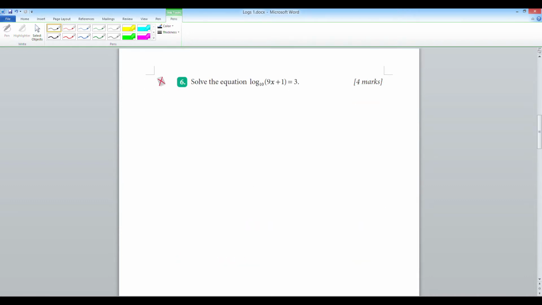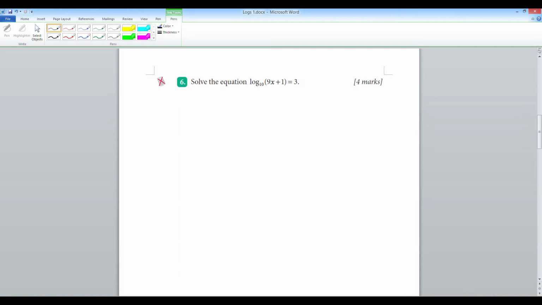The first one is: solve the equation log base 10 of 9x plus 1 is equal to 3. From our basic log laws, of course you can memorize the log laws, but there are different ways to think about it. For me, the easiest way I would recommend is this: I've got one term on the left hand side and one term on the right hand side.